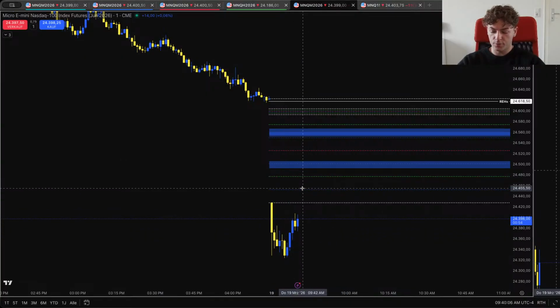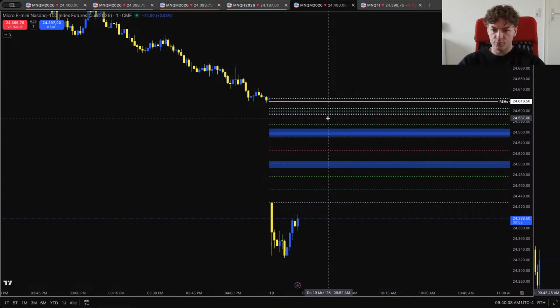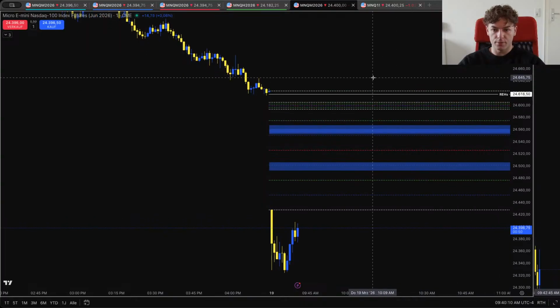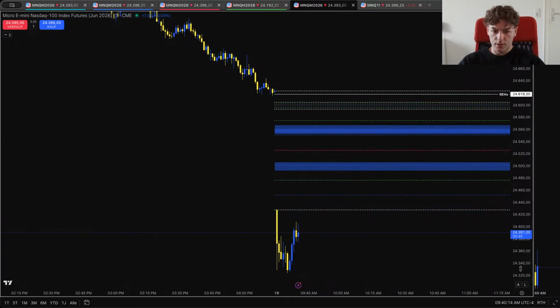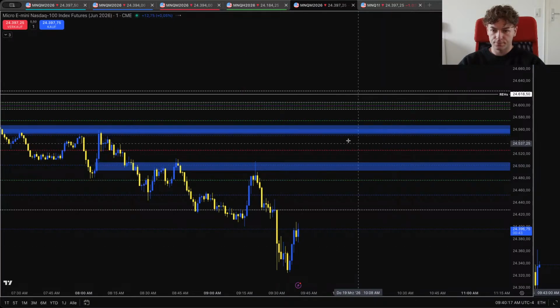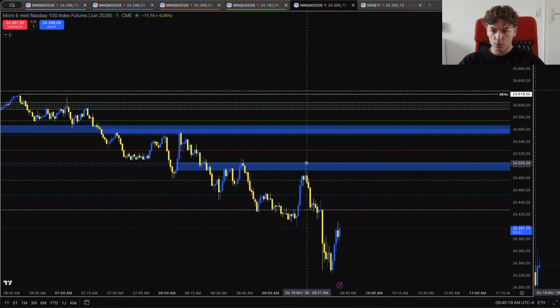I hope to see some kind of premium array being traded up into. On the electronic trading hours, we have this beautiful buy side, which also aligns with the opening range gap midpoint.